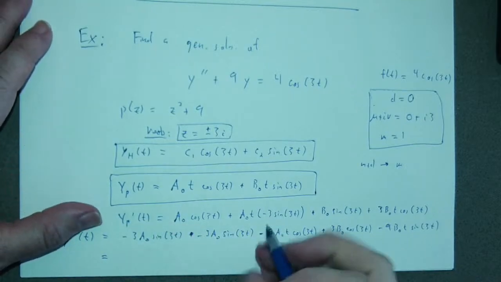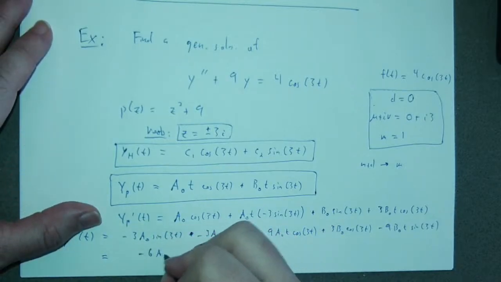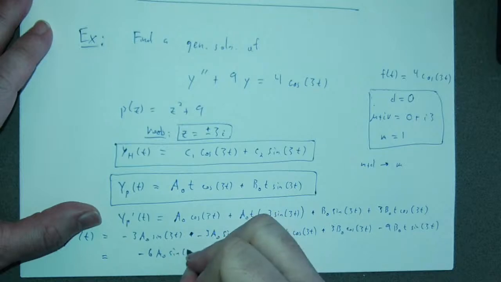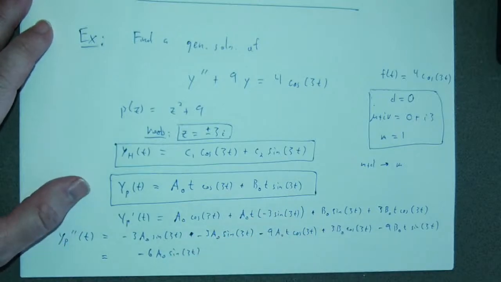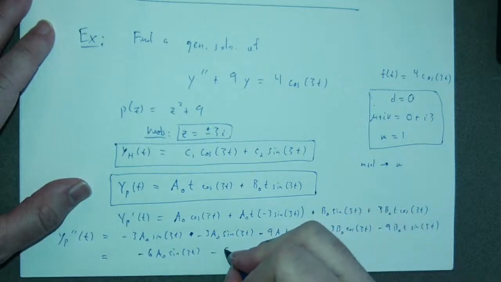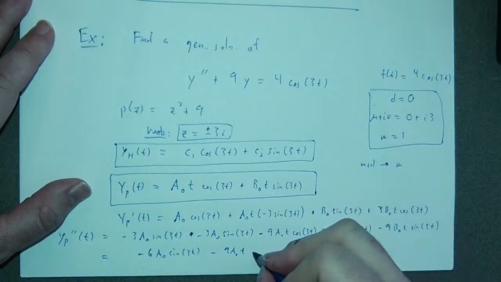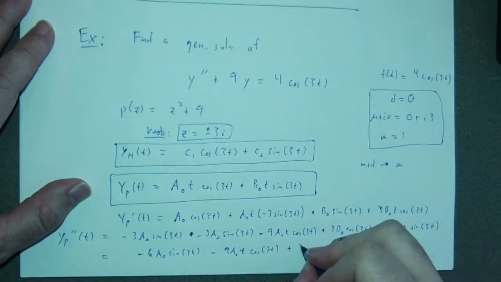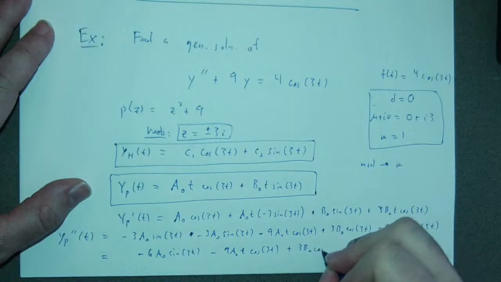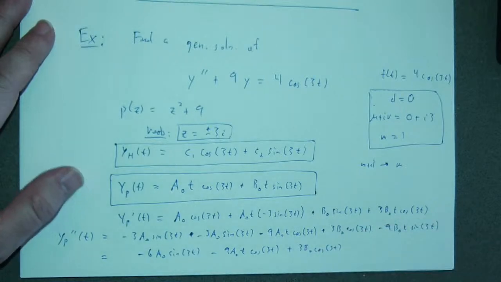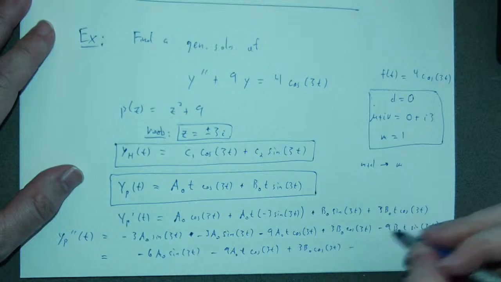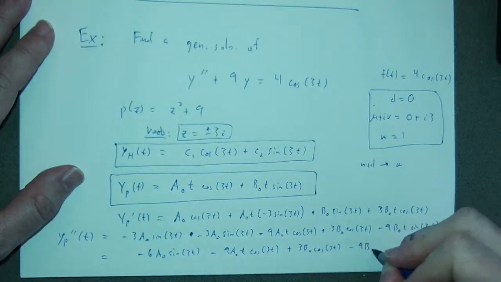Okay, so this would be minus 6 a naught sine of 3t minus 9 a naught t cosine of 3t plus 3b naught cosine of 3t minus 9b naught t sine of 3t.